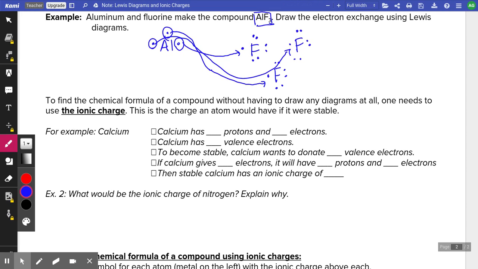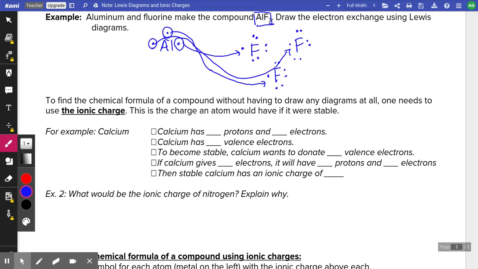So you basically have to figure out how many of each atom do I need in order for both of the atoms to have full valence shells. Okay, so here, for example, we have aluminum, and we could have started with just one fluorine. So we say, okay, I've got my one aluminum, it has 3 valence electrons. It wants to get rid of all 3 in order to be happy, right?